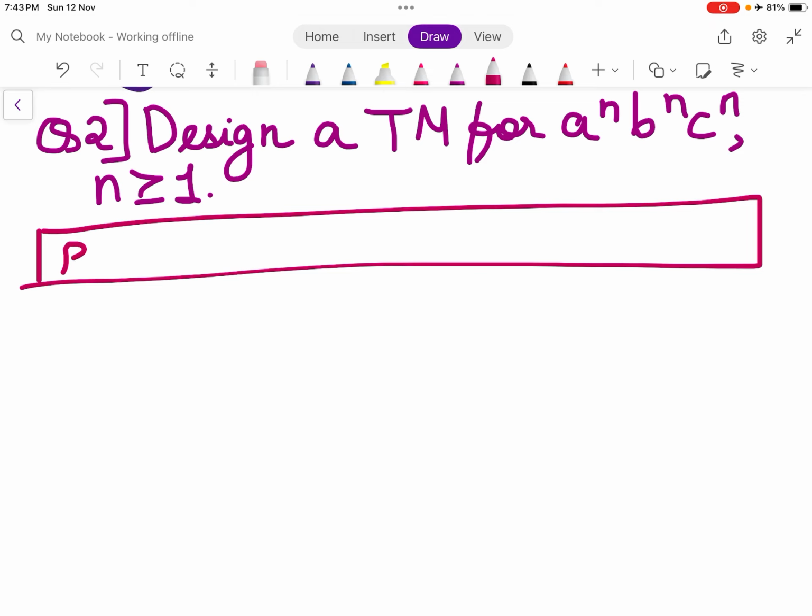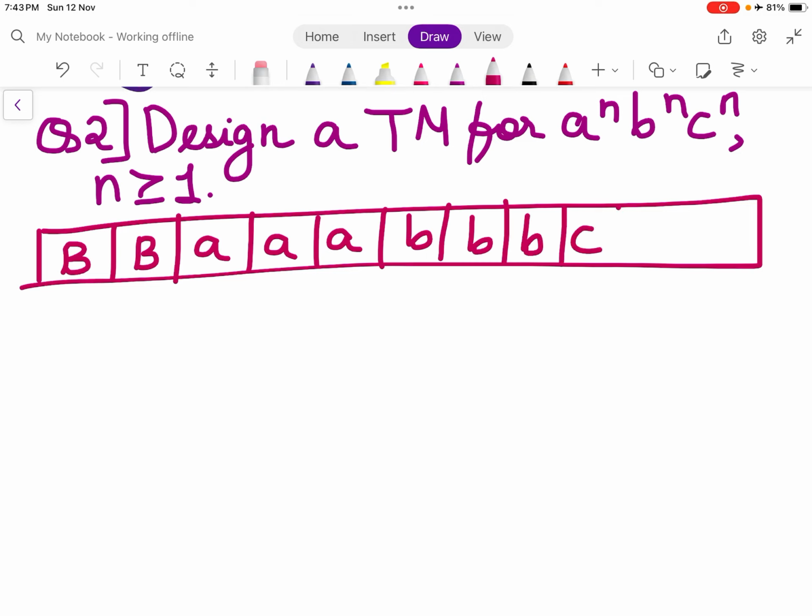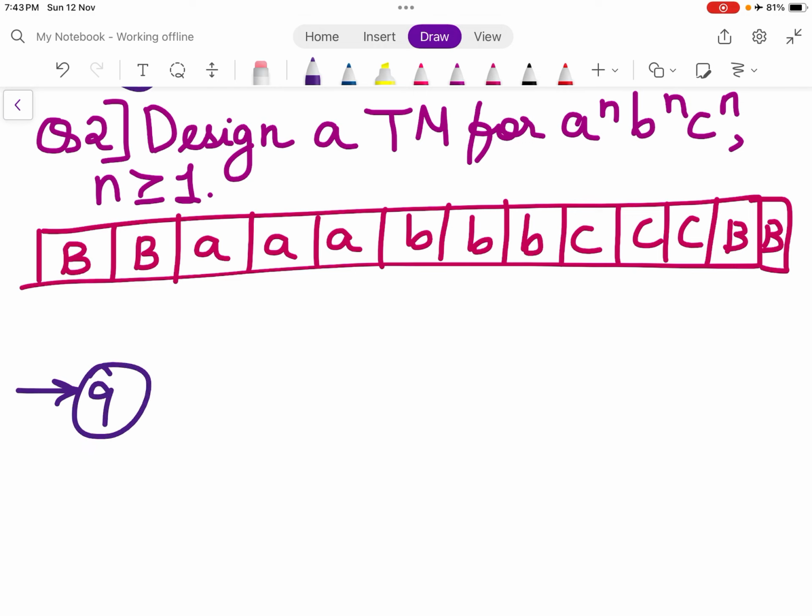You have a blank character, you have 3 A's in the input string, 3 B's, 3 C's. So first start with the Q0 state. Q0, on seeing a at the read write head, this a will be replaced with an x.